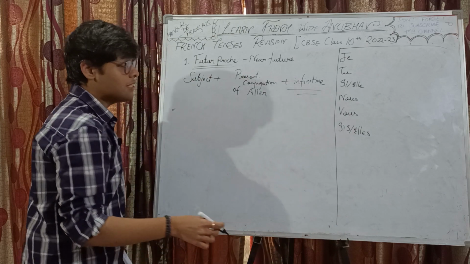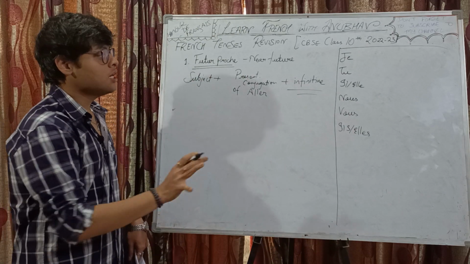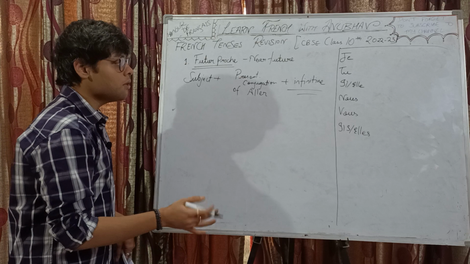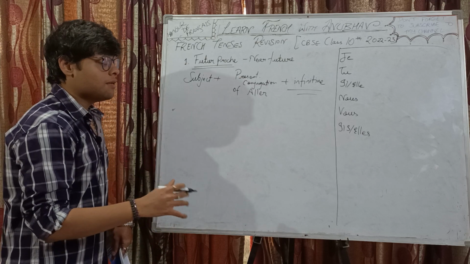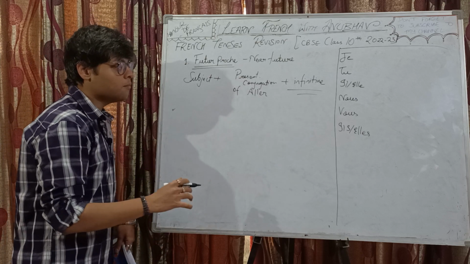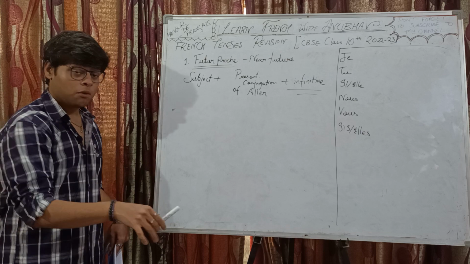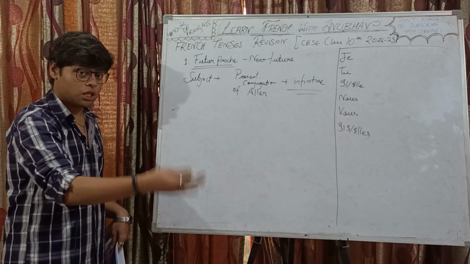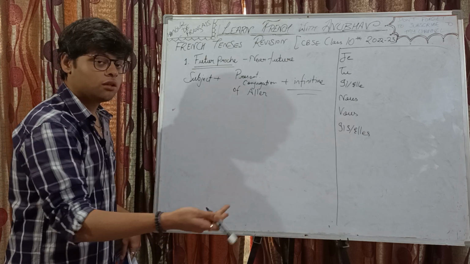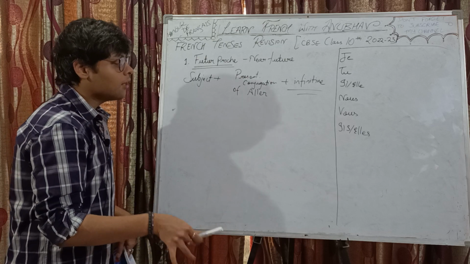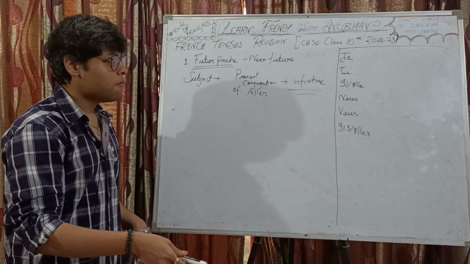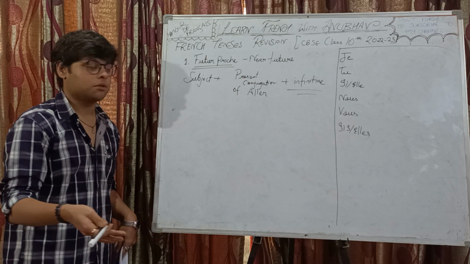We all are aware of these meanings, but let's discuss them quickly. Je means I, tu means you, il means he or it, elle means she, nous means we, vous means you in terms of formal conversation or when you are referring to a plural second person. And ils, elles for they, third person plural.